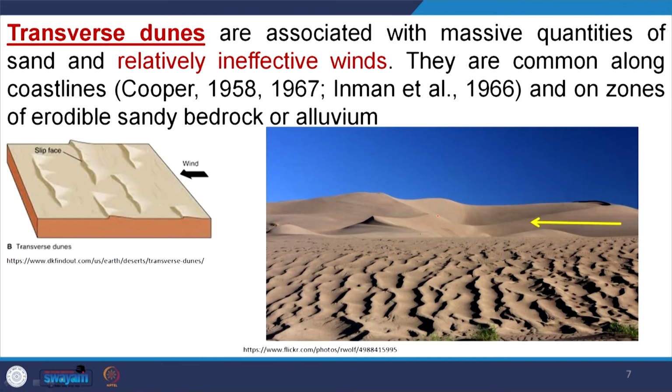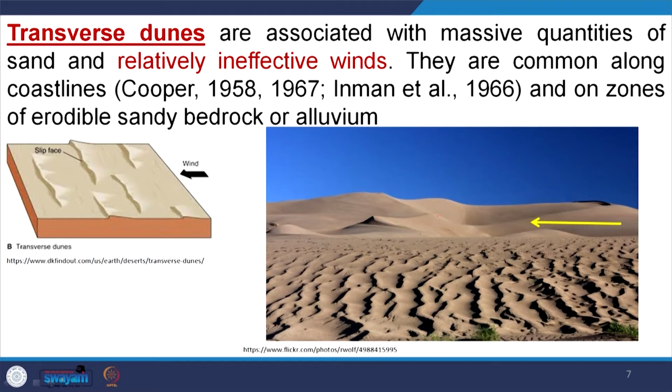Then another class of dune is called the transverse dune. Here transverse means it is perpendicular to the wind blown direction. In the longitudinal case, these dunes were formed parallel to the wind blown direction, but here they form perpendicular to it.